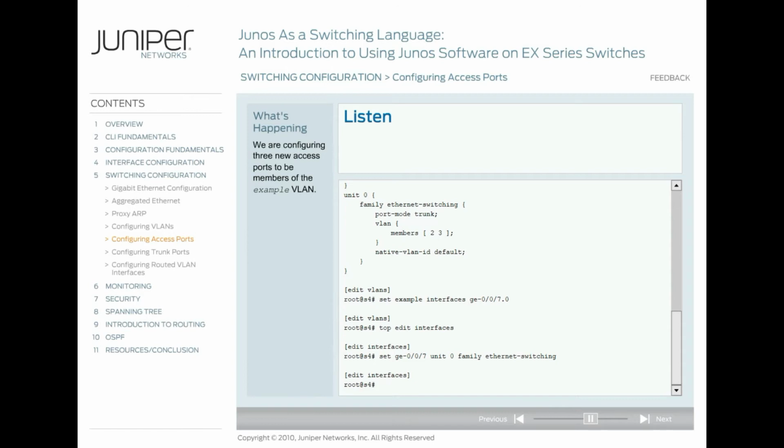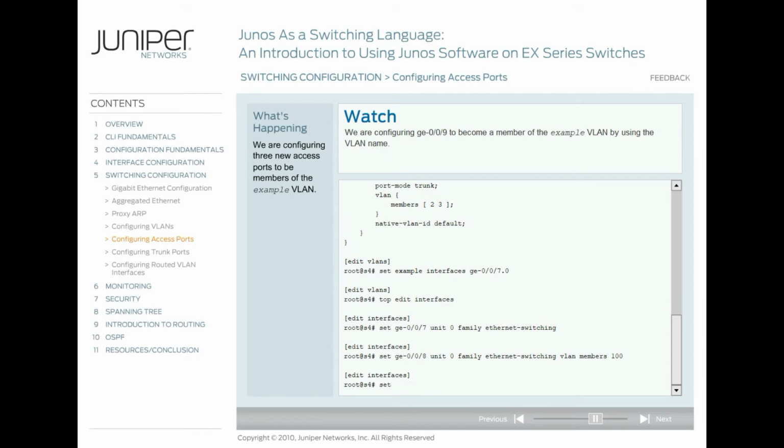We can either use the VLAN ID or the VLAN name. We'll configure ge-0/0/8 using the VLAN ID 100. We'll configure ge-0/0/9 using the VLAN name example.